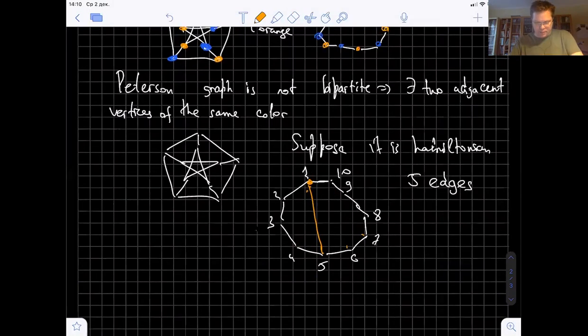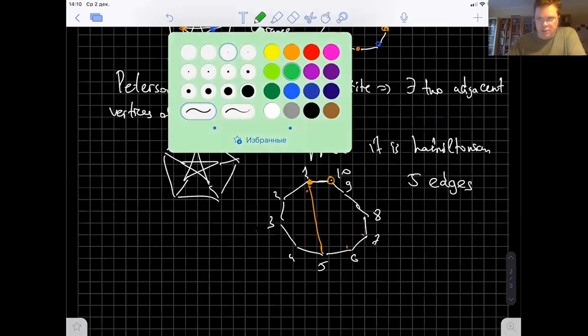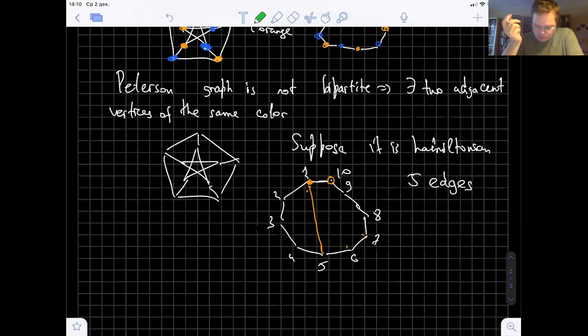If we connect 1 through the 5, we'll look at the vertex number 10. And for the same reason, it should be connected only with vertices like 4, 5, and 6. And each of these cannot happen, because if we have 10, 4, then we have a cycle of length 4 here, which we don't have.